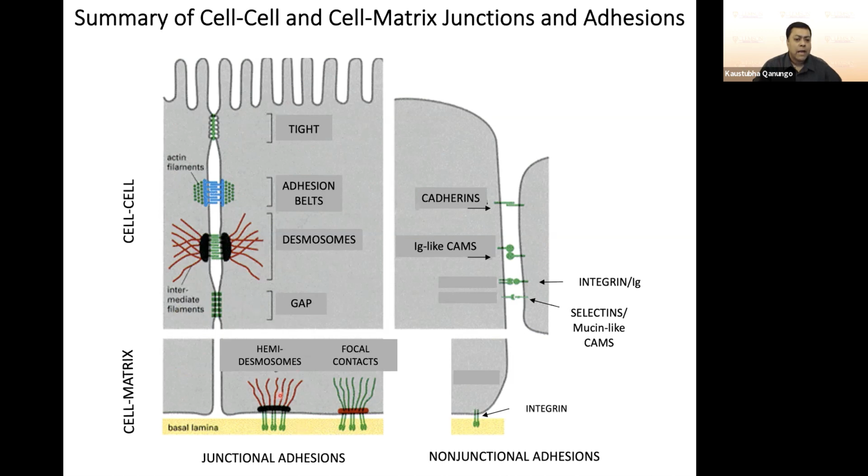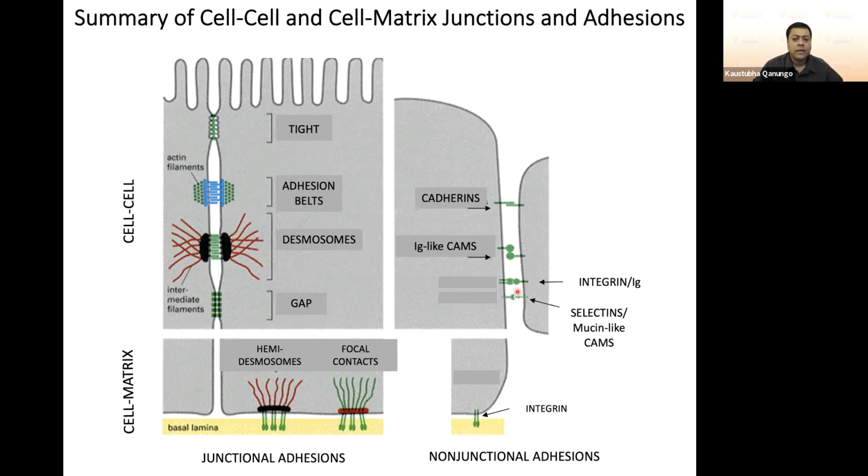Then if we have the basal lamina or extracellular matrix interactions, if they're anchoring, we call them hemidesmosomes. And these focal contacts are important in movement, or the motility of the cell. Then we can talk about the integrin, which is a non-junctional adhesion with the extracellular matrix or lamina.